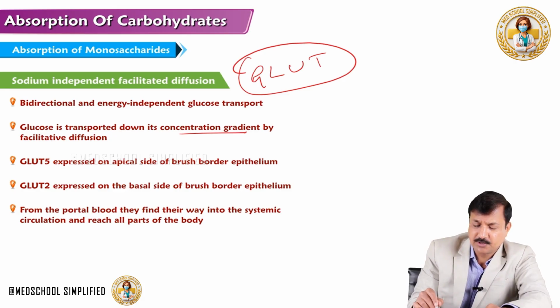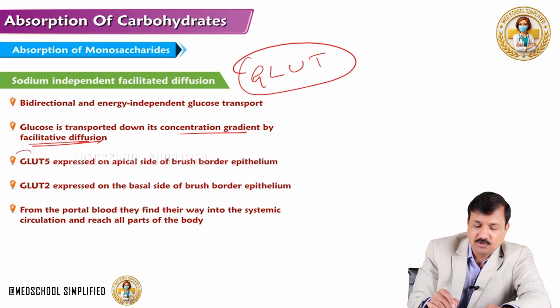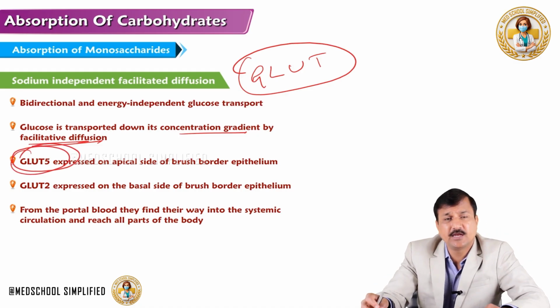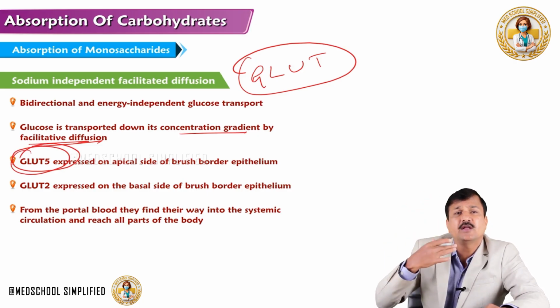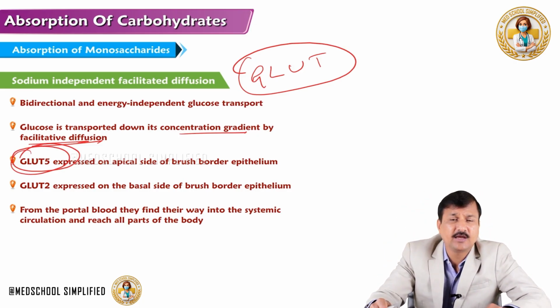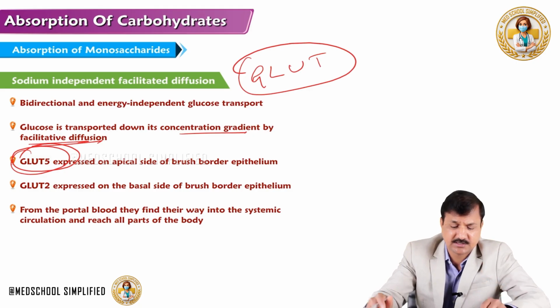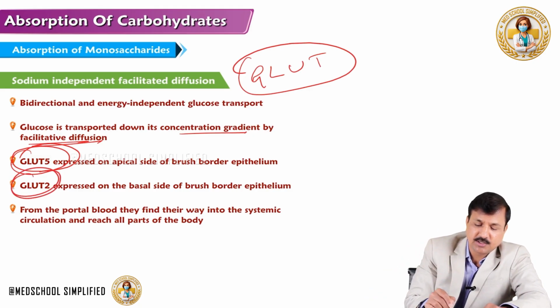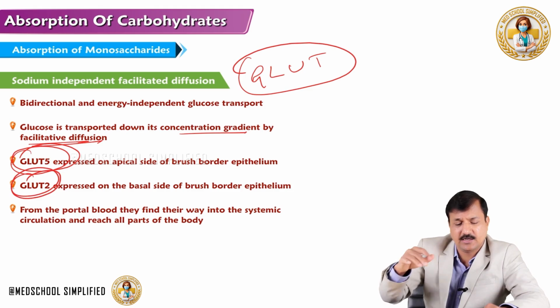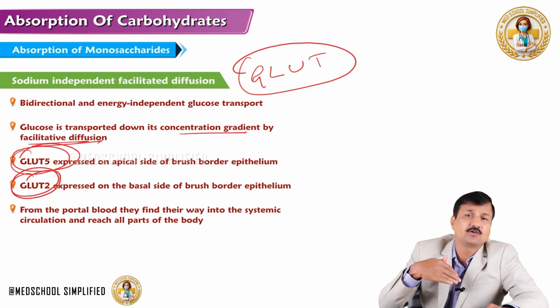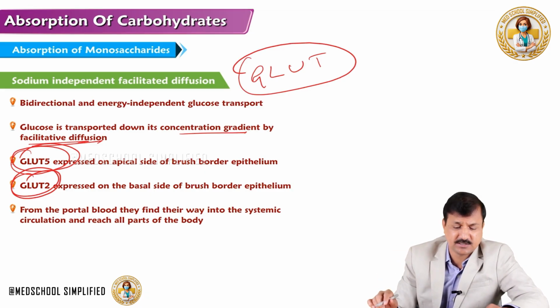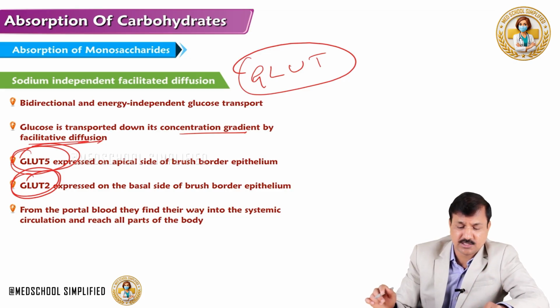So glucose is transported down its concentration gradient by facilitated diffusion. On the brush border epithelial cells, GLUT5 is expressed, which allows monosaccharides to get into the enterocytes from the lumen of the intestine. Whereas GLUT2 transporters, expressed over the basal surface of the enterocytes, allow glucose to exit the enterocyte into the portal system. Both are sodium independent transporters.